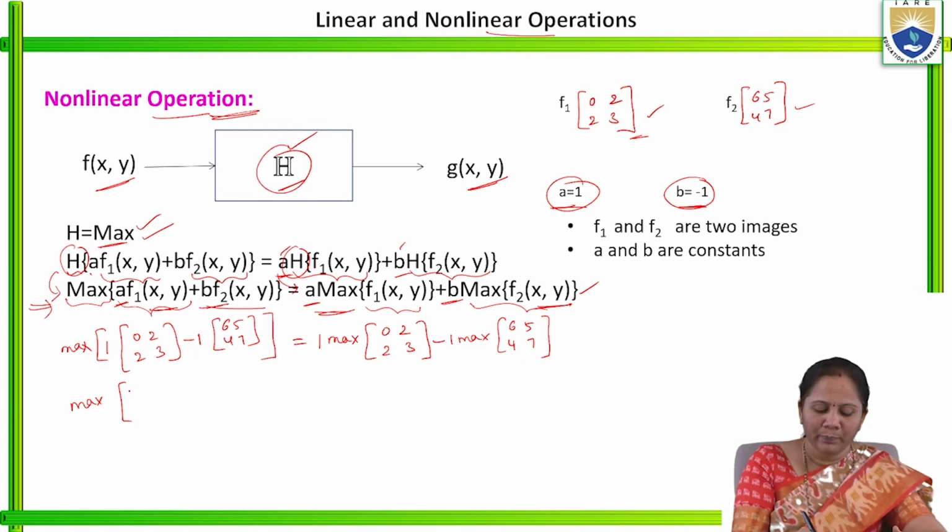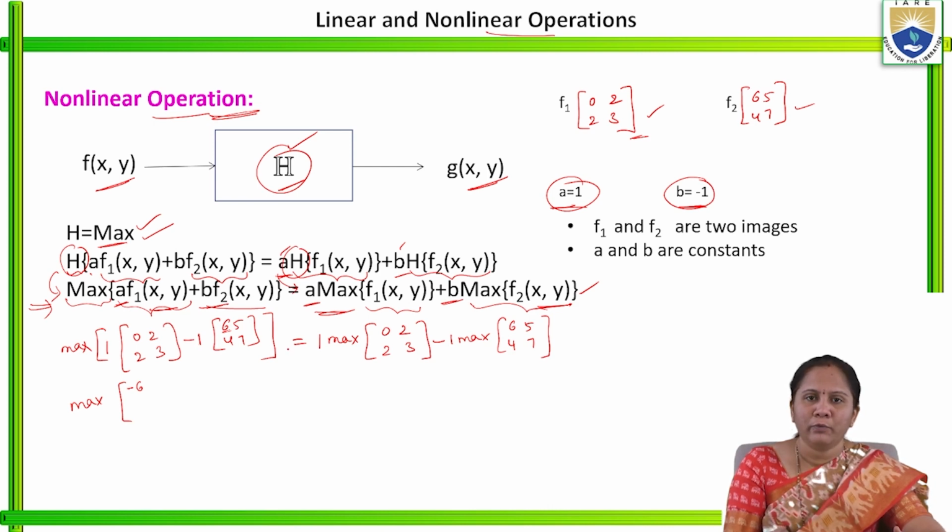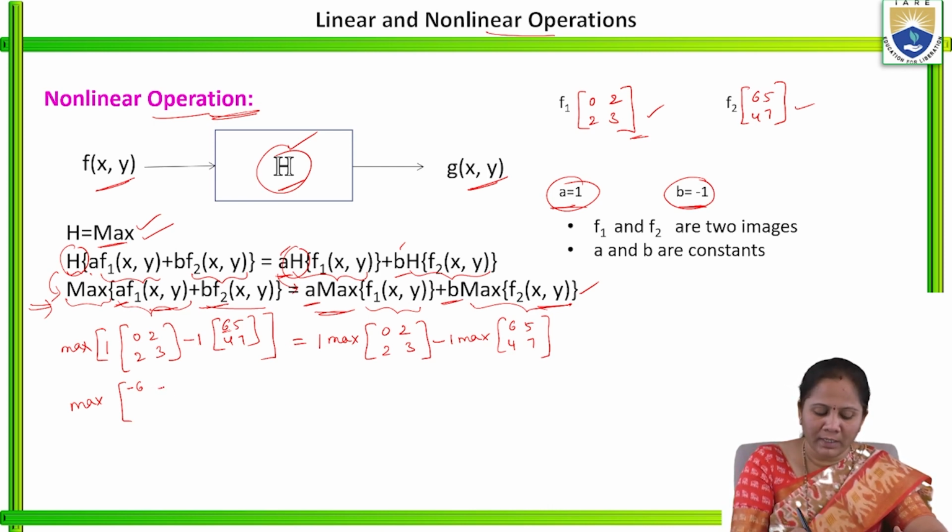If you do this operation, the value will become minus 6, and here 2 minus 5, the value will become minus 3. And here 2 minus 4, the value is minus 2. And 3 minus 7, the value is minus 4.